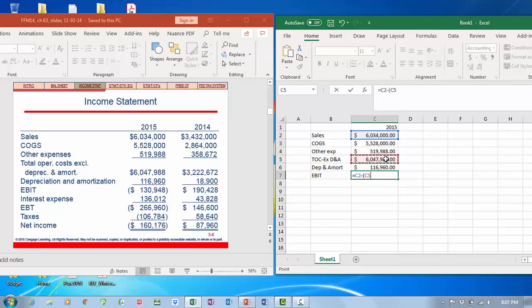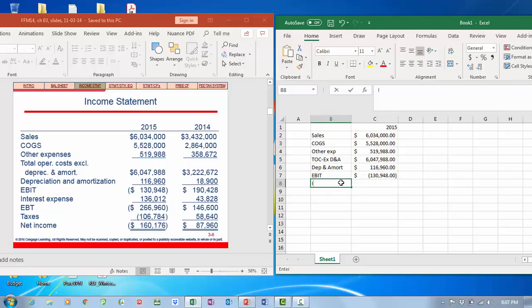So taking this plus this, that is going to be a negative 130,948. That means you already know that this is going to be a loss for 2015.